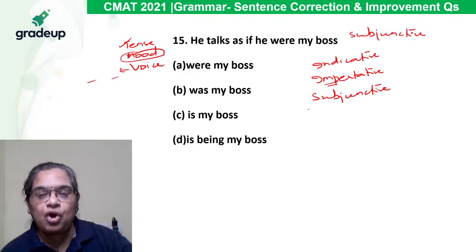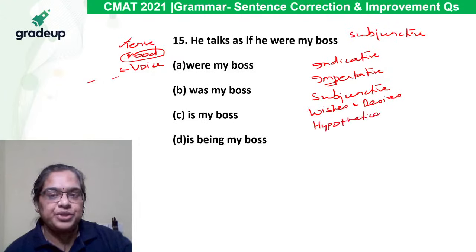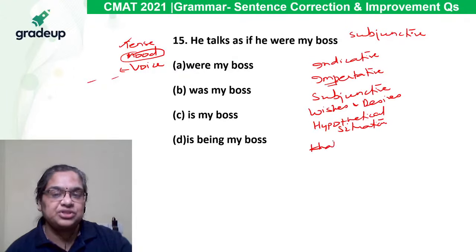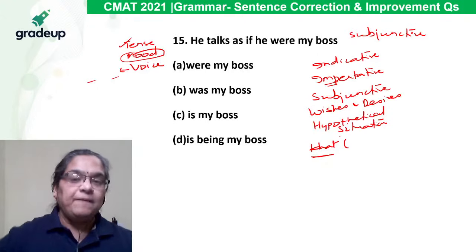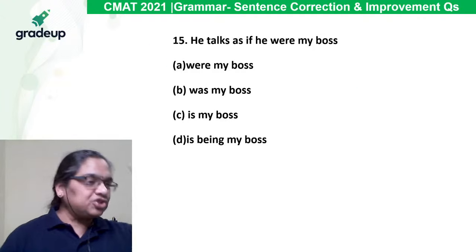Subjunctive mode is used to express wishes and desires, and hypothetical situations, and it is used in a particular case with certain verbs followed by that, as in forming noun clauses. We'll talk about that later, but here, he is not your boss.